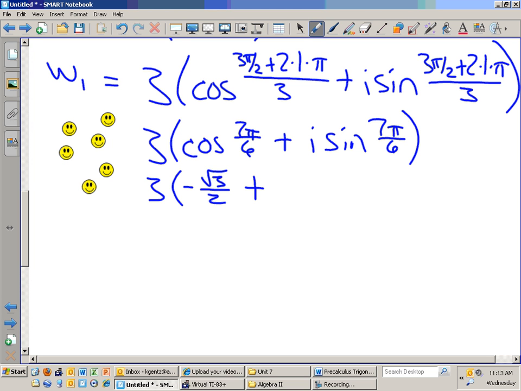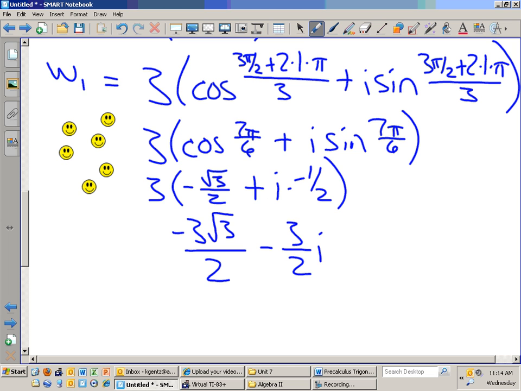Plus i times negative 1/2. Distribute. What's 3 times negative square root of 3 over 2? Negative 3 square root of 3 over 2. Now, I have to distribute that 3. What's 3 times a negative 1/2? Minus 3 halves i.